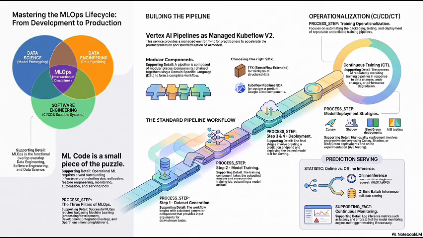But how does Kubeflow know to wait for the Spark job to finish before launching the TensorFlow job? Because if the data isn't ready, the model training fails. Through explicit dependency mapping. When you build the pipeline graph in Python, you simply declare that the output of the Dataproc component is an input to the Vertex component. The Kubeflow orchestration engine interprets that graph. Oh, so it just reads the relationships.